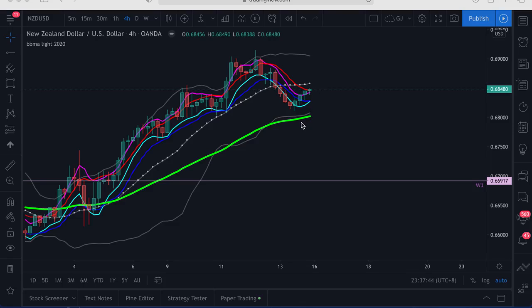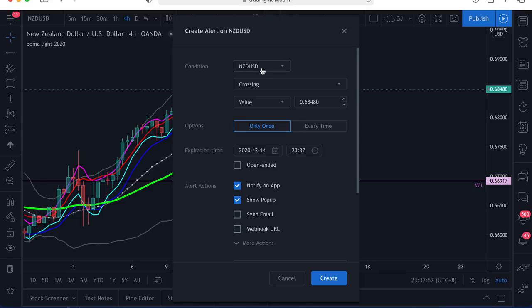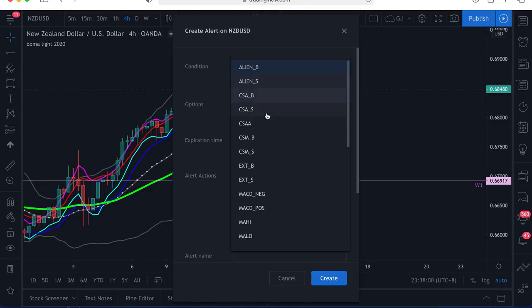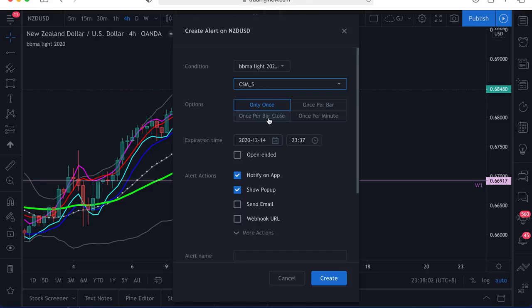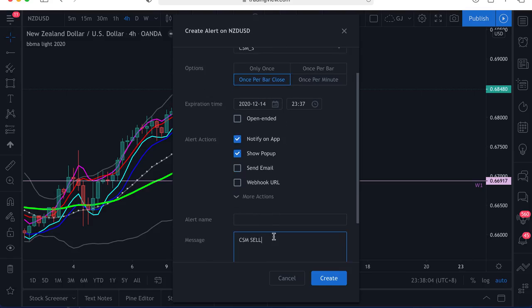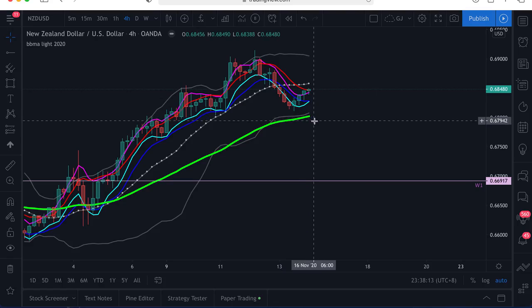However, this is a very dangerous re-entry sell because EMA 50 is here. We want to see price making a CSM sell before we can take the sell. We need to make sure that it close below the EMA 50, else it will bounce up, become a re-entry buy.